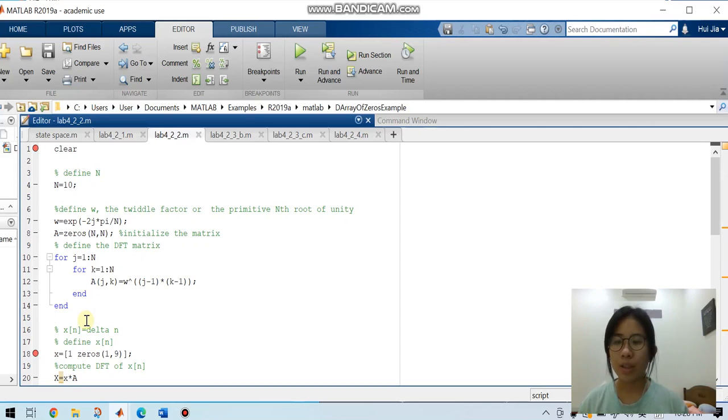Then the matrix is initialized using A equal to zeros in bracket n comma n, to preallocate A prior to entering the for loop. The function A in bracket j comma k equal to W to the power of bracket j minus 1 times k minus 1 is evaluated and the values will be stored into A, and the function ends here.